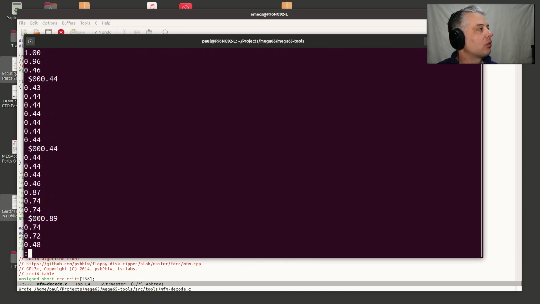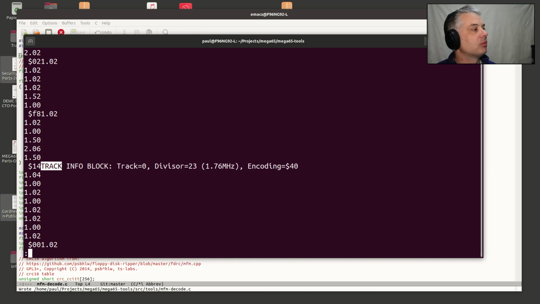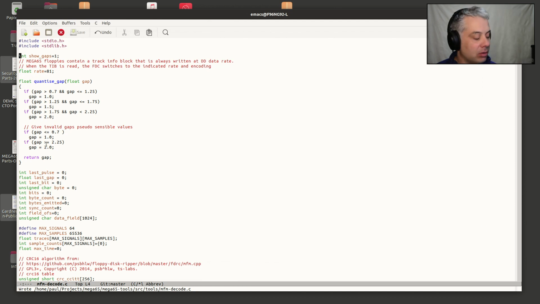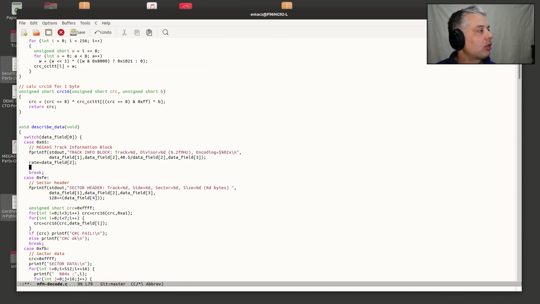This is suspicious to me, because it hasn't changed. It's still showing these gaps as being quite short rather than scaled up to the correct one. So divisor 23, let's just... Yeah, so we're setting that there.